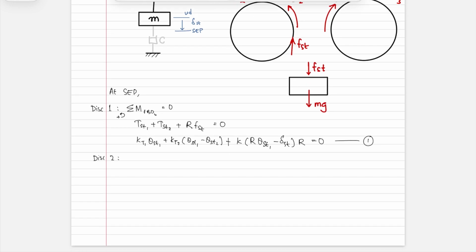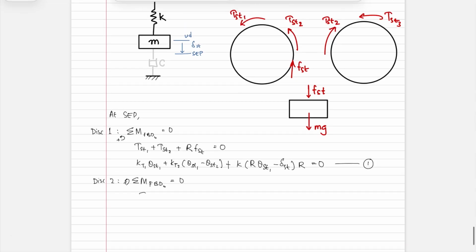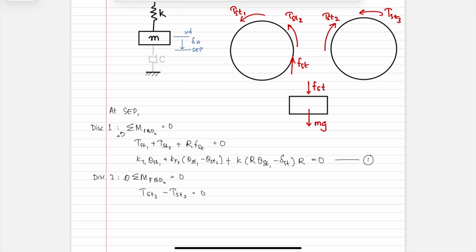For this second disk, again, we have the same. So we take this as positive. You have then that tau st3 minus tau st2 is equal to 0, giving us a relation as kt3 theta st2 minus kt2 times theta st1 minus theta st2 is equal to 0.